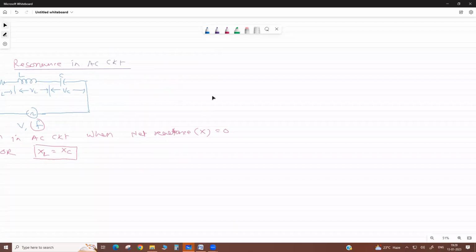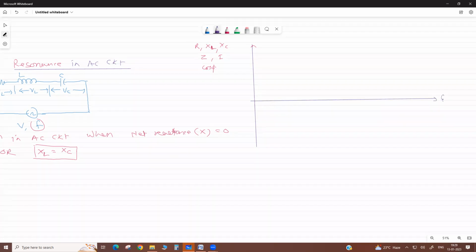Suppose here I draw the parameters like R, XL, XC, Z, current, and power factor cos phi, with respect to frequency f or omega.